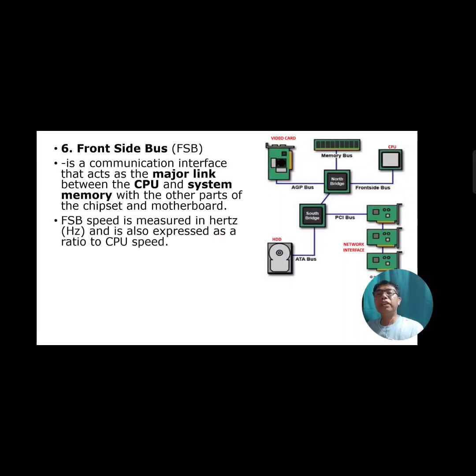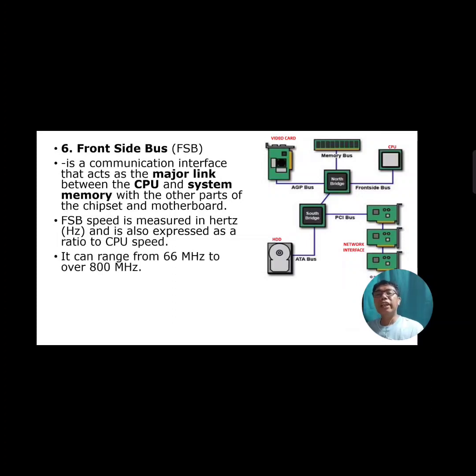FSB speed is measured in hertz and is also expressed as a ratio to CPU speed. So as mentioned here, the unit of FSB is hertz, the same unit as the CPU speed or frequency.